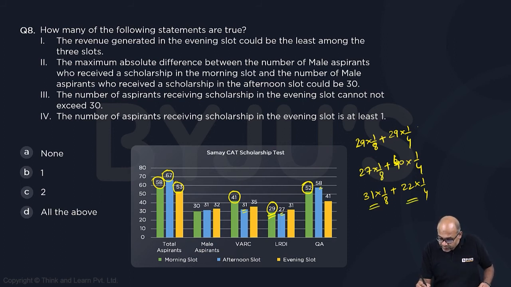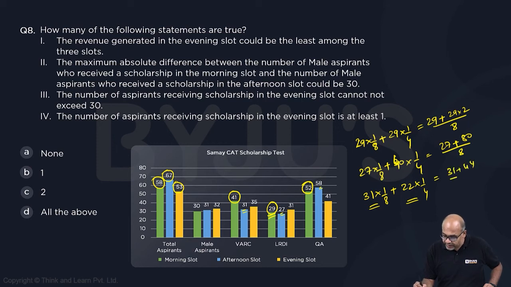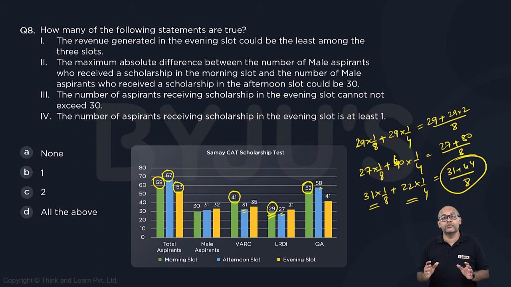If you try to compare them, this is 29 plus 29 into 2 by 8. This is 27 plus 80 by 8. This is 31 plus 44 by 8. Clearly you can see that this is the least possible, which means it may be the least possibility. So one may be true, one is true.